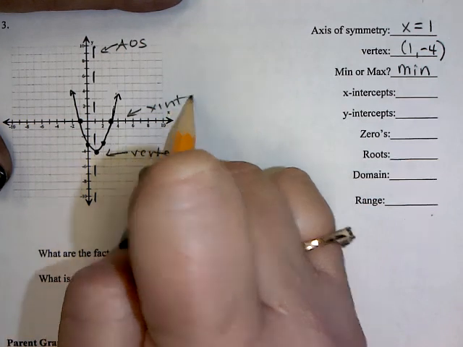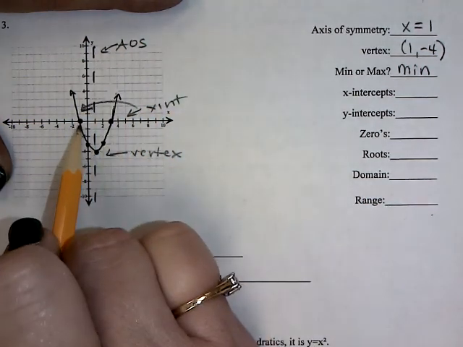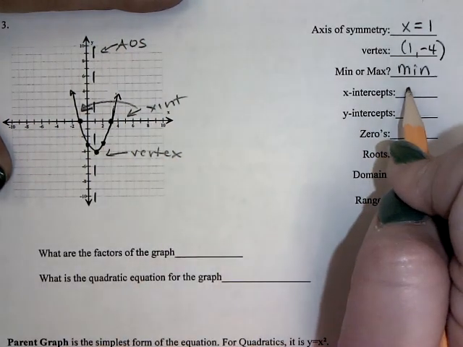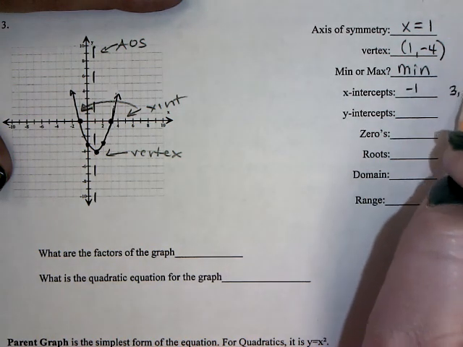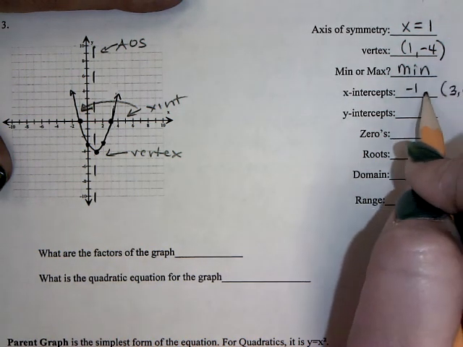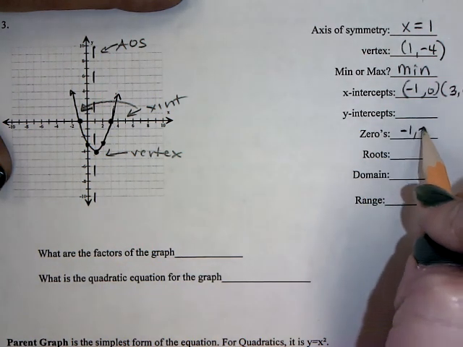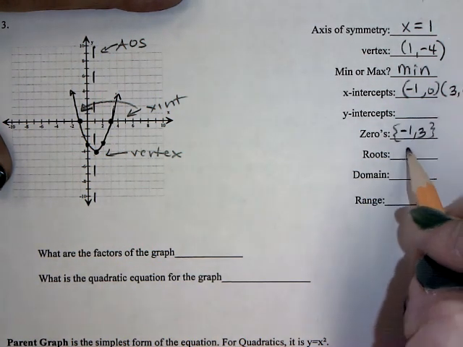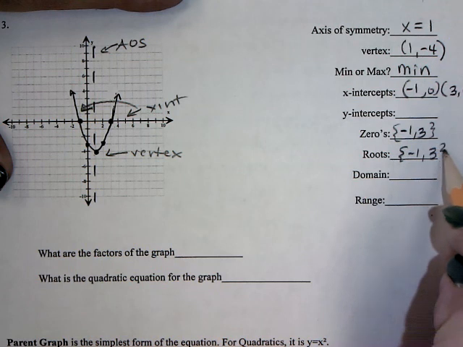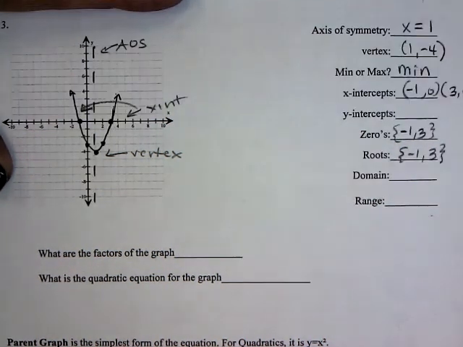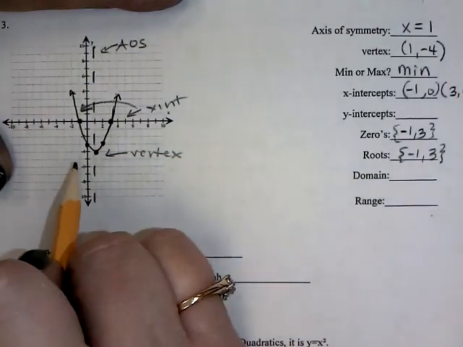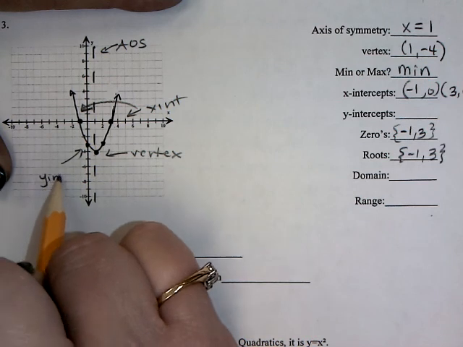My x-intercepts are at negative 1 and 3. They are ordered pairs, which means my zeros are negative 1 and 3, and my roots are negative 1 and 3. My y-intercept, where does it cross my y-axis?